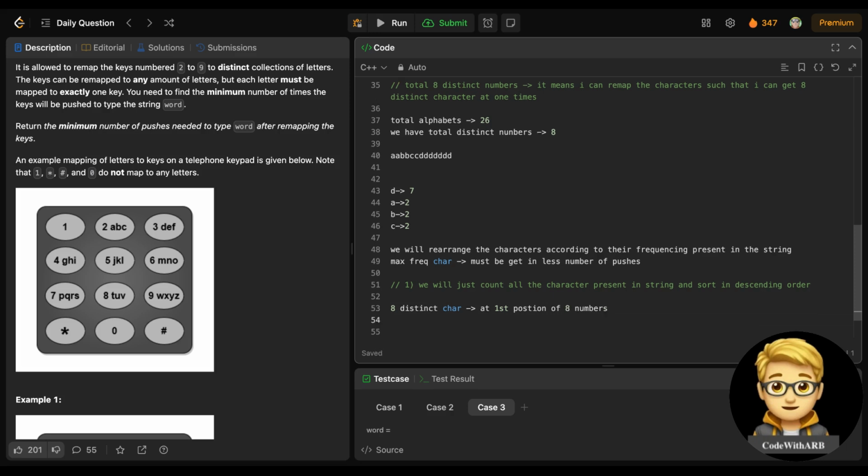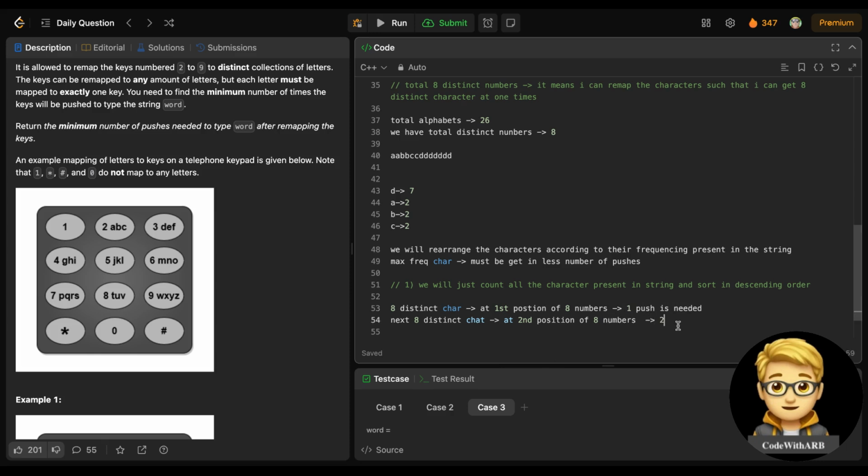Next, after these eight, the 9th, 10th, 11th distinct characters, the next eight distinct characters will be at the second position of the eight numbers. For the first eight, one push is needed.